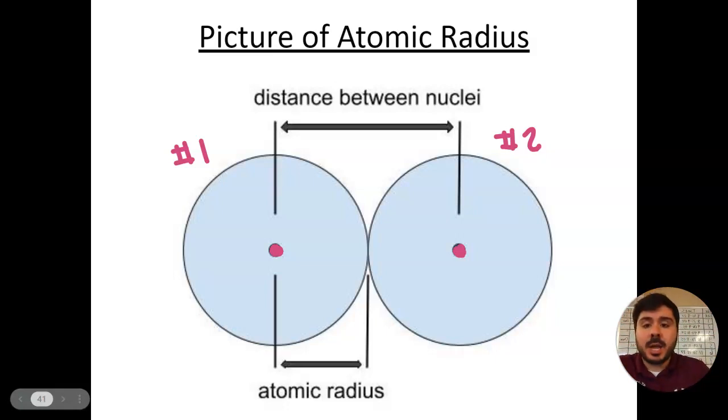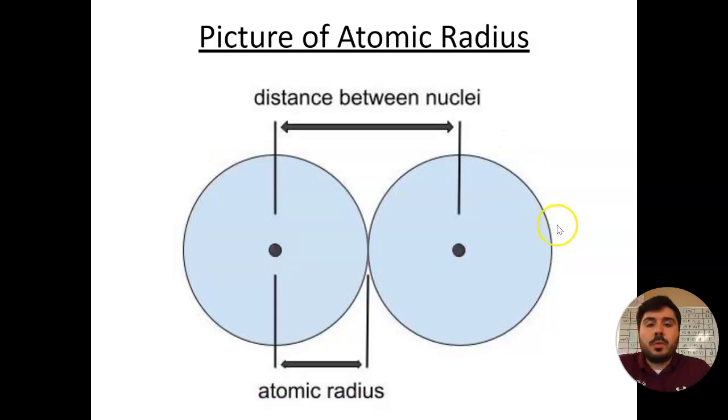The distance between the nucleus in the center and the outermost electron way over here is your atomic radius. That little stretch right here is the atomic radius.